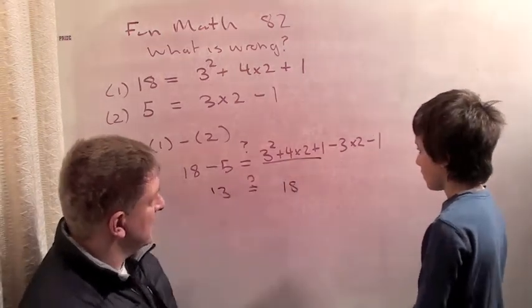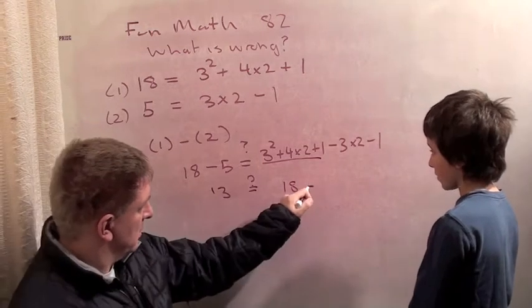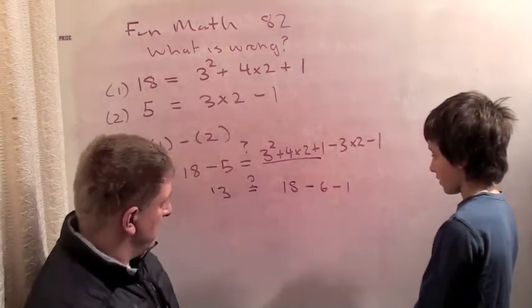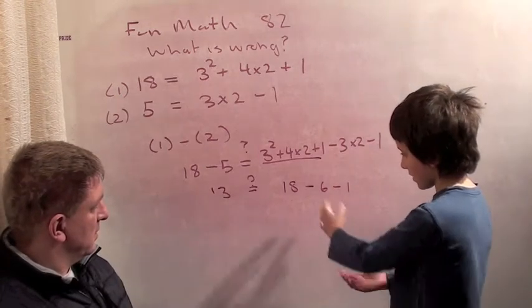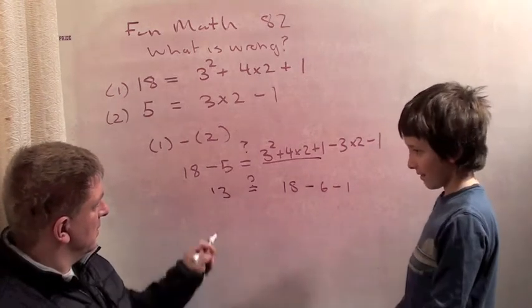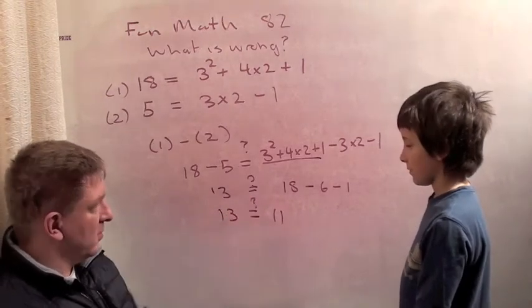Minus 3 times 2 is minus 6 minus 1 is minus 7. 18 minus 7 is 11. Okay. Now, I know this is a tricky question, but does 13 equal 11?